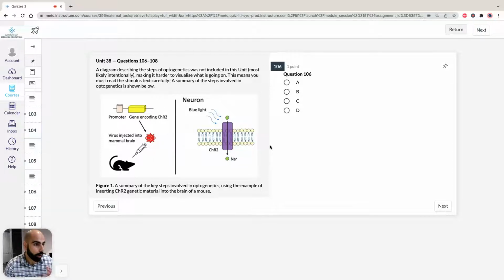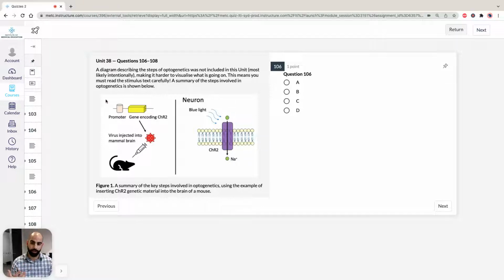We're told that the gene for such light-sensitive proteins can be inserted into mammal cells. First we have to splice the gene and the promoter together. We put them into a vector, such as a virus. Then we can inject them into, for example, the mammal brain. Then we can shine blue light to either activate or inhibit the activation of the channel.